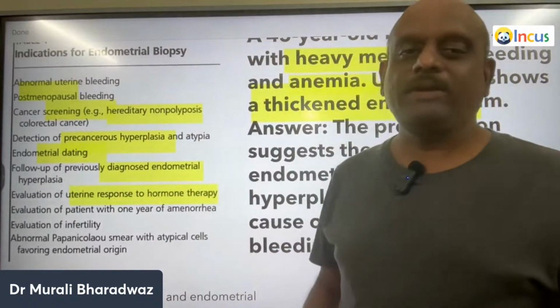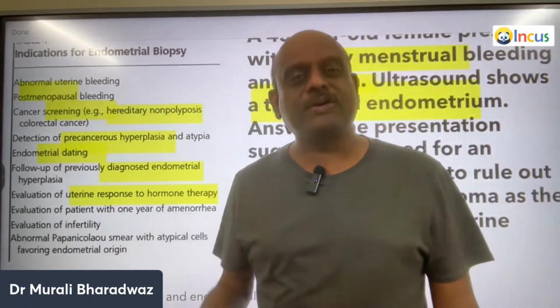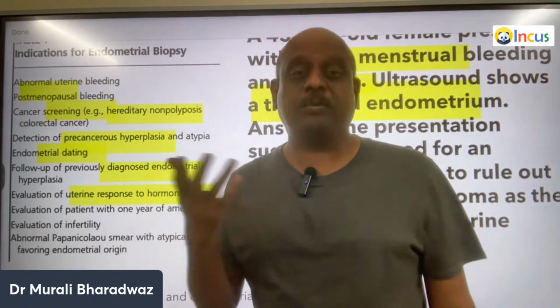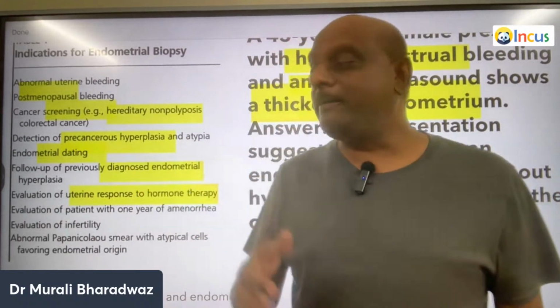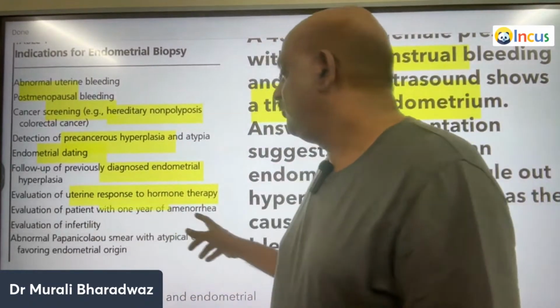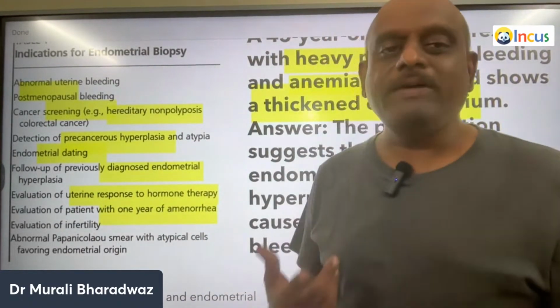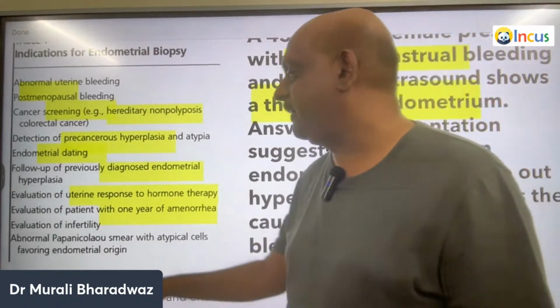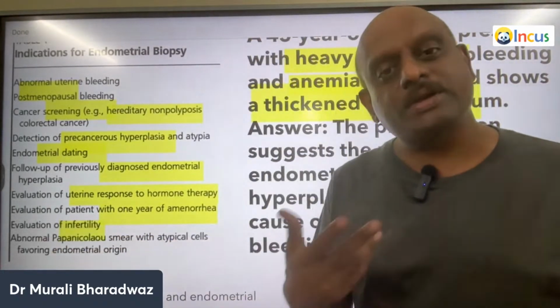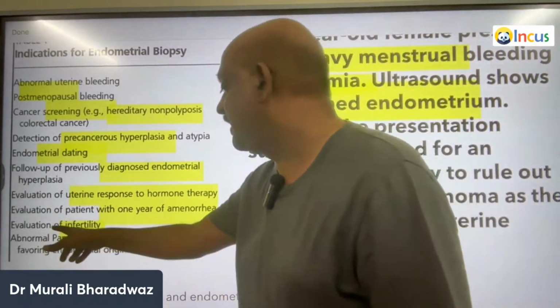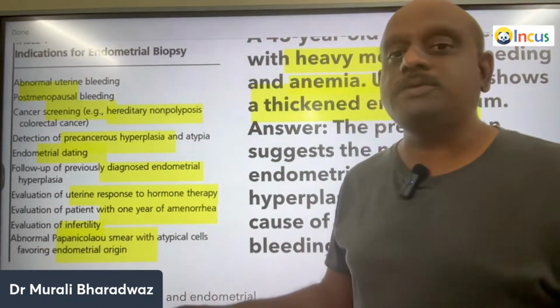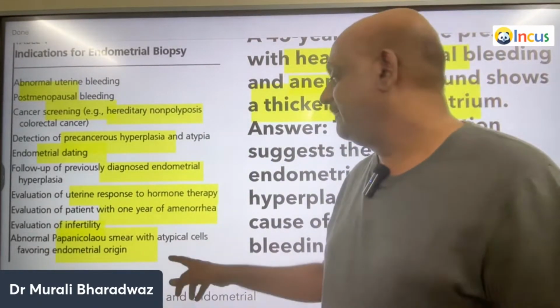You want to know whenever you are giving hormone therapy in dysfunctional uterine bleeding, whether endometrium is responding or not, you need to do endometrial biopsy. Similarly, one year of amenorrhea, you want to evaluate, then endometrial biopsy. Infertility evaluation, we do the endometrial biopsy. Abnormal Pap smear stain, right?